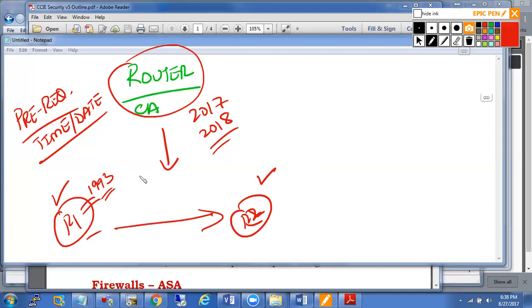The next thing, the enrollment process. Again, part of the prerequisite. When I go to enroll my certificate, what form of communication am I using to send my public key to the router, and the router responds back with my certificate? What protocol am I using to set this up? The protocol is HTTP or HTTPS.